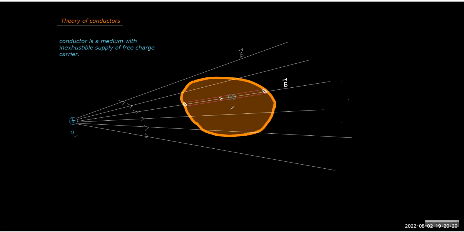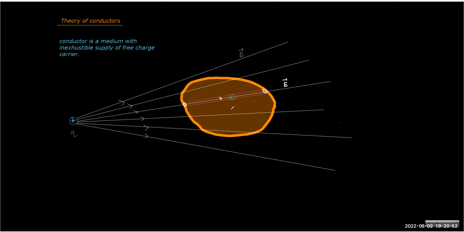Do you realize the electron will experience electric force? Yes. And what will be its direction? Towards the right or towards the left? Opposite to the direction of electric field. Very good. So it will be opposite to the direction of electric field.